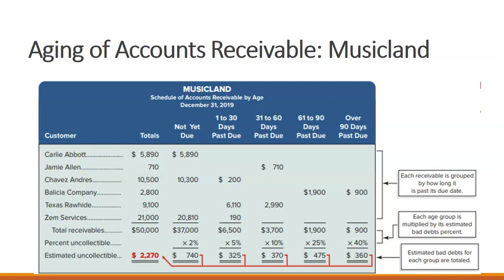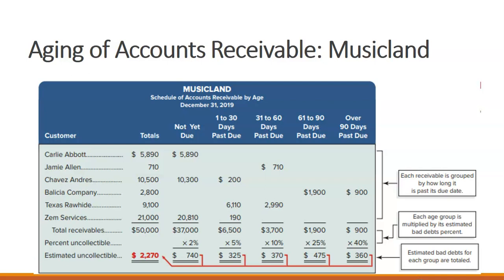So we have an idea of what is estimated uncollectible based on how overdue it is. So you'll see that anything that's over 90 days due, we have a higher idea that we're never going to collect that fund. So we have a 40% bad debts estimation for anything over 90 days due.